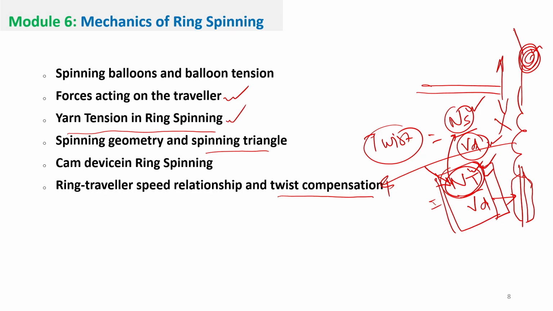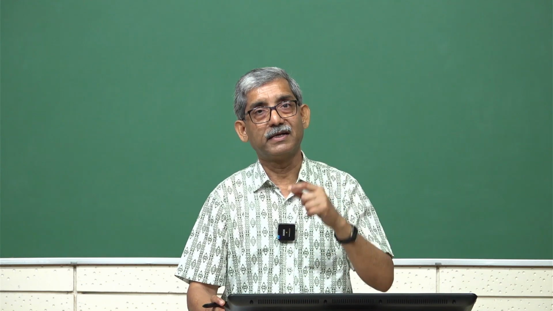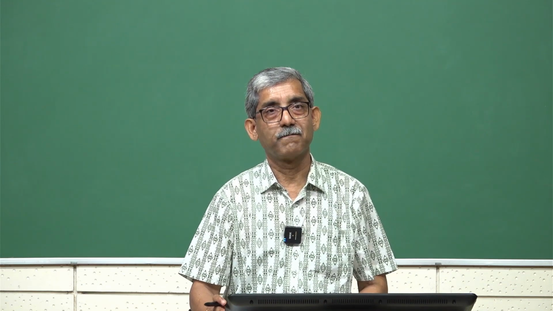So, in the package the twist becomes spindle speed by delivery speed. How it is getting compensated, that we will discuss in this section, okay, with the example, and ring and bobbin diameter relationship and angle of lead. The angle of lead actually affects the yarn tension, that we will discuss.